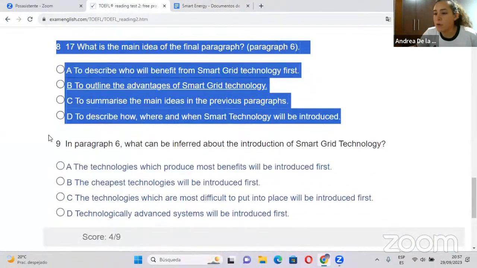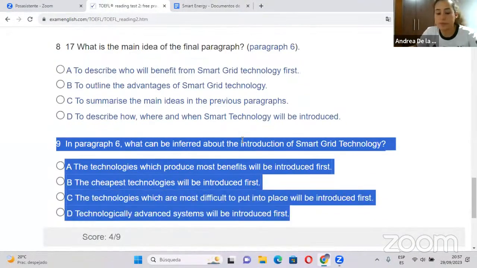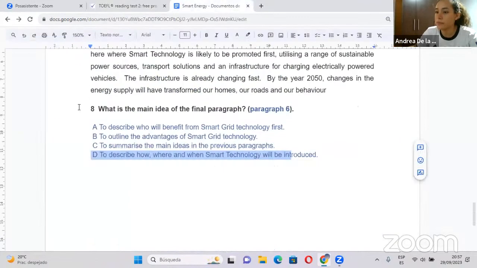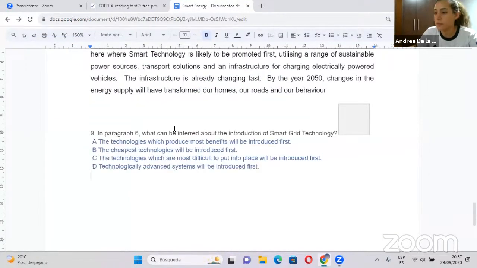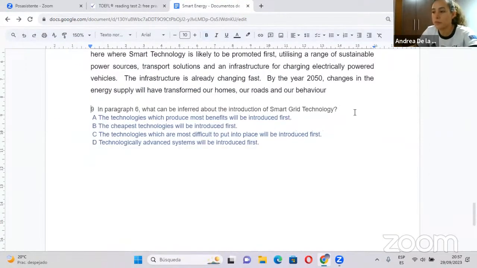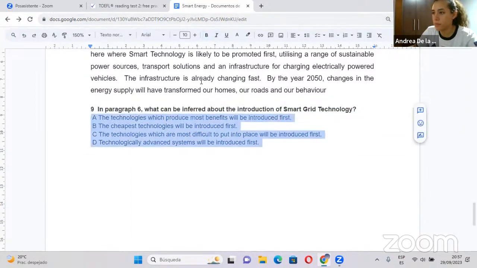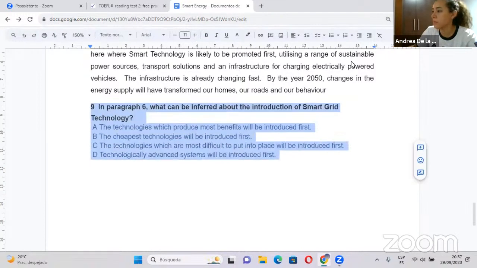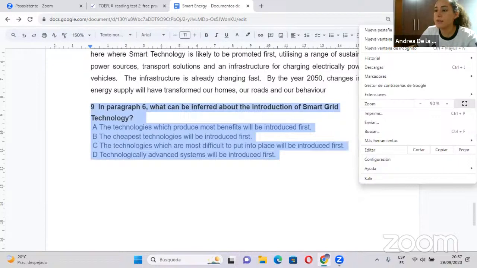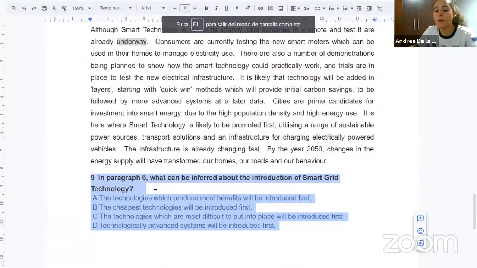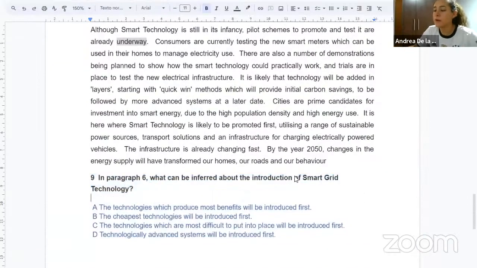And we got one more question. Let's see. Okay, question 9 says, in paragraph 6, what can be inferred about the introduction of smart grid technology? See? An inference question.